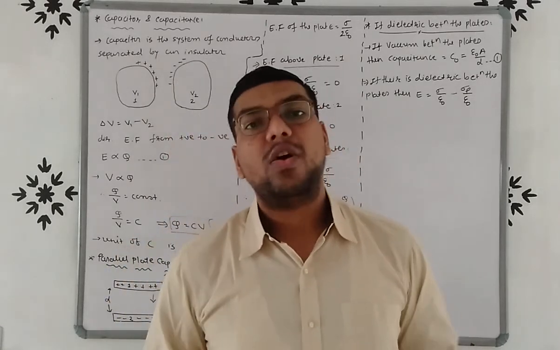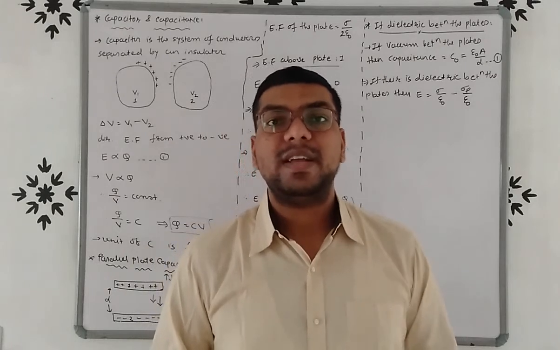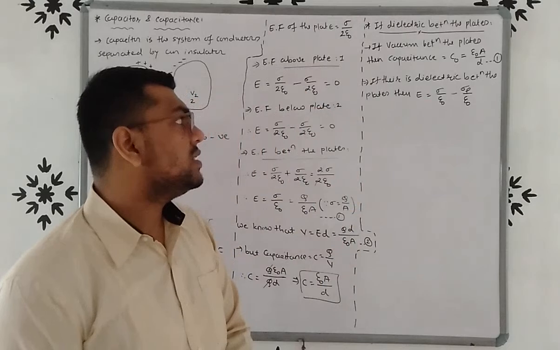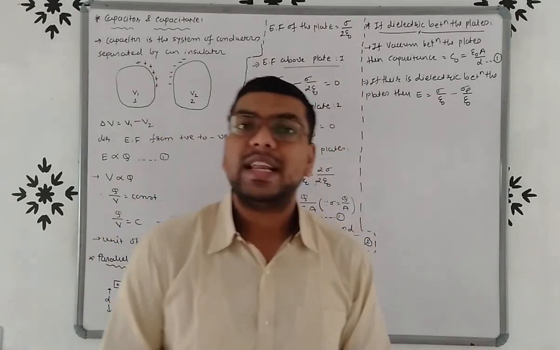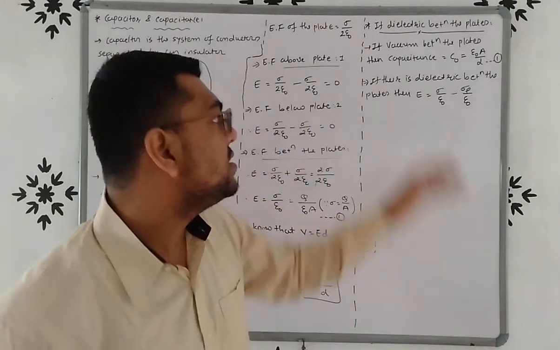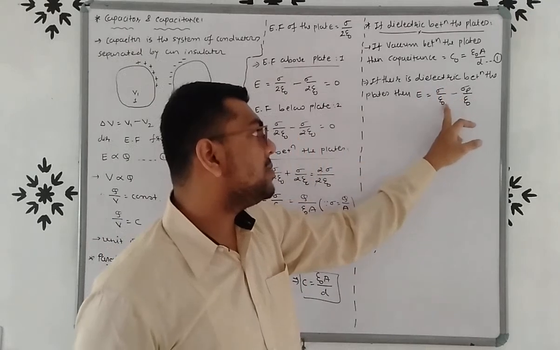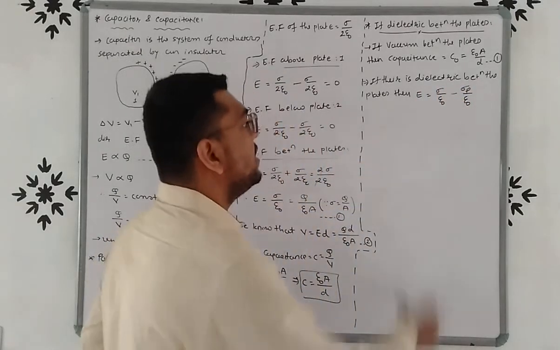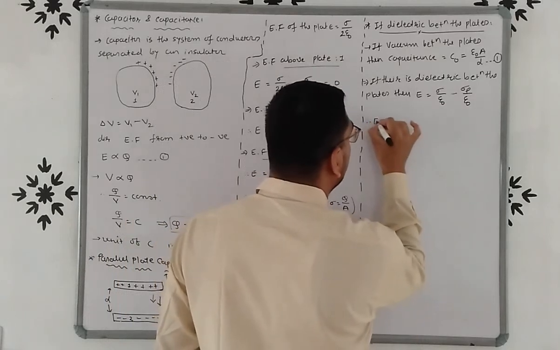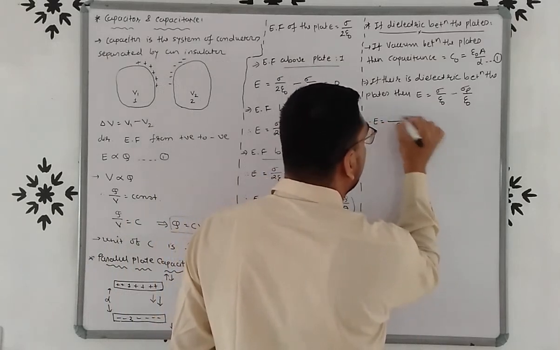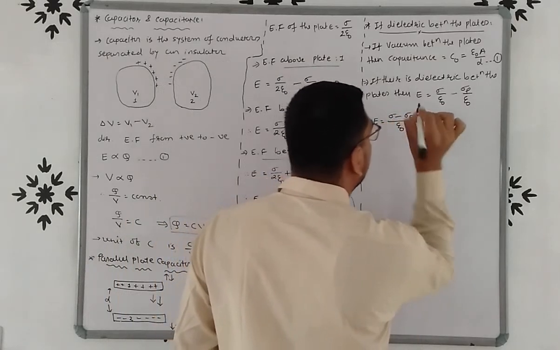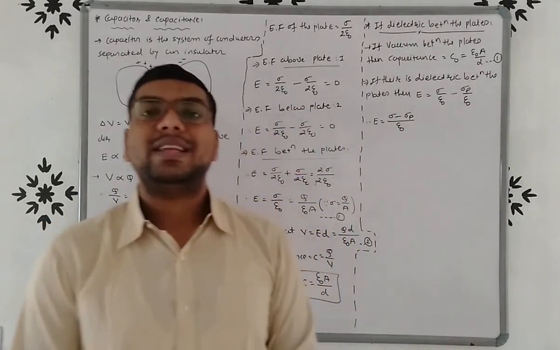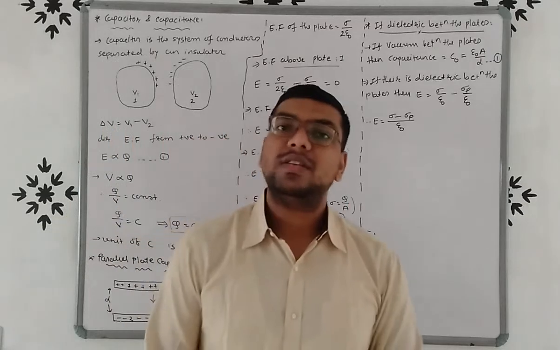We already discussed this concept in our Google meeting. Taking epsilon 0 as the LCM, E is equal to sigma minus sigma P upon epsilon 0.